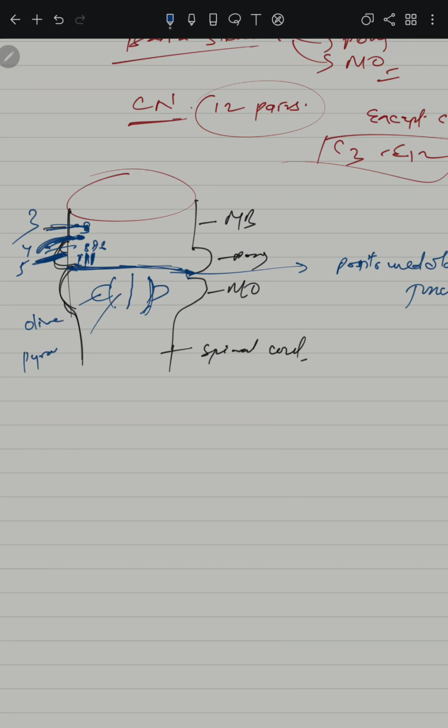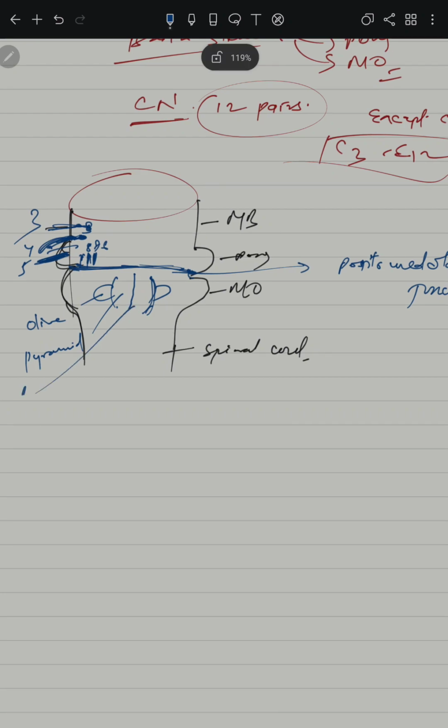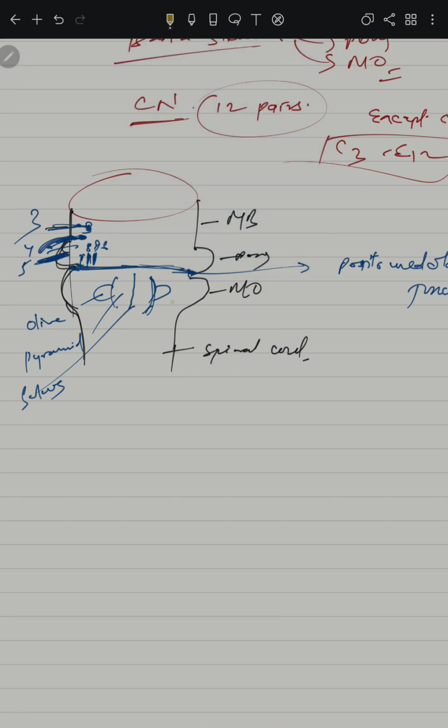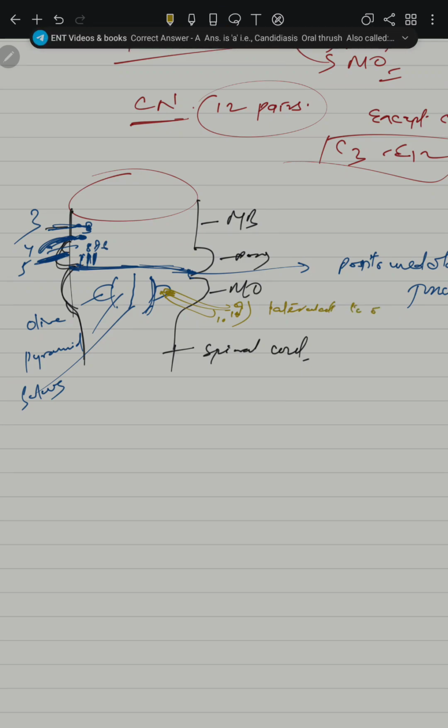This is the pyramid, both sides. So this is the sulcus. Okay, so here in the olive, up to 8 we have done. 9, 10, 11 come from the olive, lateral to the olive, and there is a common nucleus from where this 9, 10, 11 comes out.